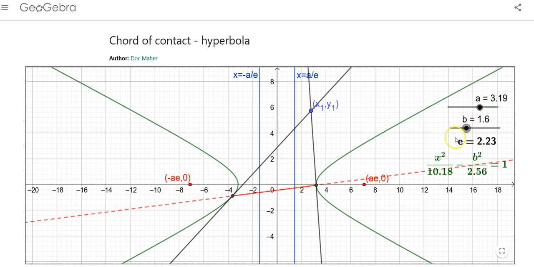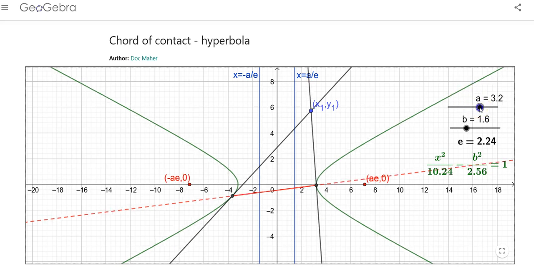This is a slightly different form of the program, so I'm altering a and b and calculating the eccentricity as a result. When a is a greater value than b, so the value under the x squared is greater than the value under the y squared, our branches of the hyperbola are sort of compressed vertically. They're squashed down from top and bottom.